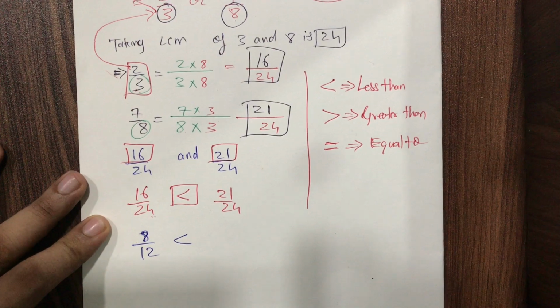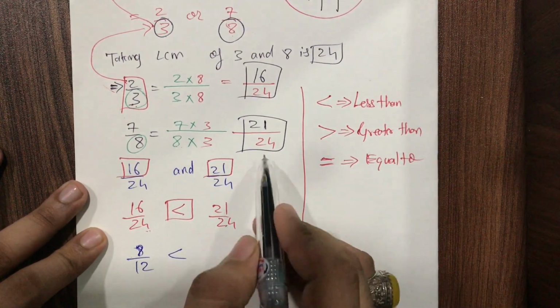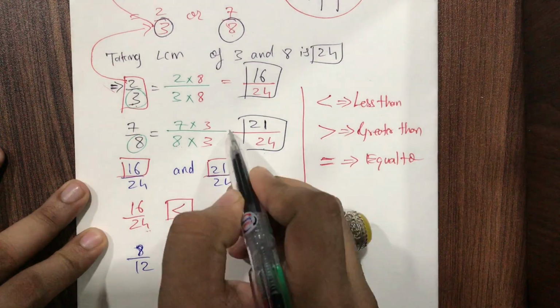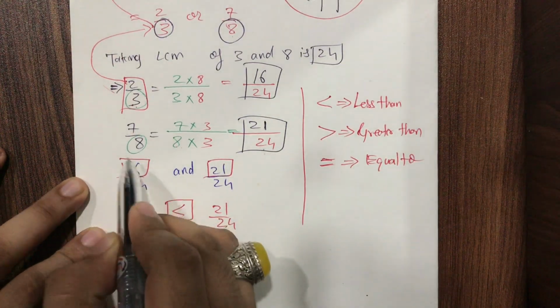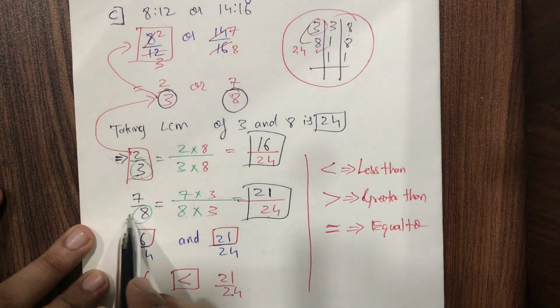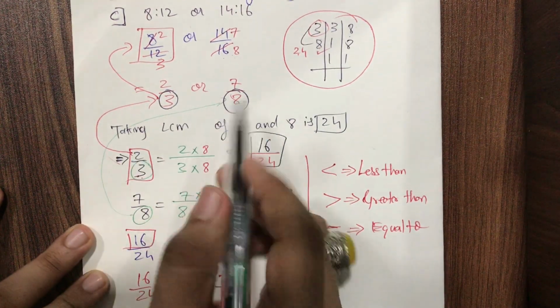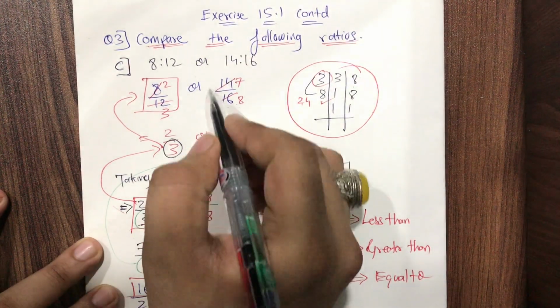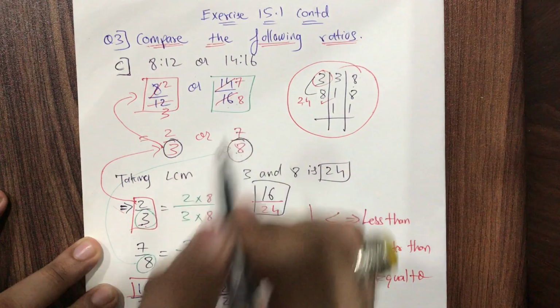Now once again let's check from where we obtained 21 upon 24. We obtained 21 upon 24 over here. Okay, from where did we obtain this? We obtained this from 7 upon 8. So from where did we obtain this 7 upon 8? We obtained this 7 upon 8 from here. Here it was 7 upon 8. From where did we obtain this 7 upon 8? We obtained 7 upon 8 from this 14 upon 16 in the original question.